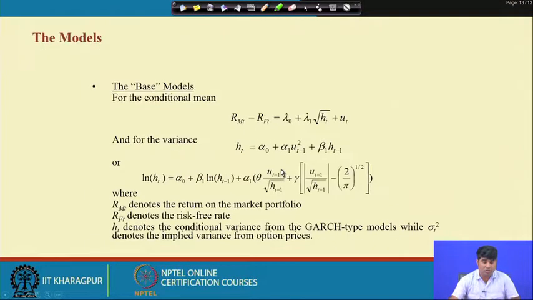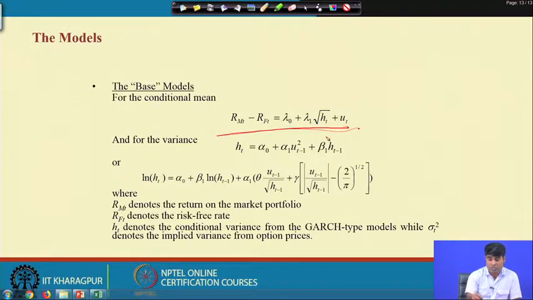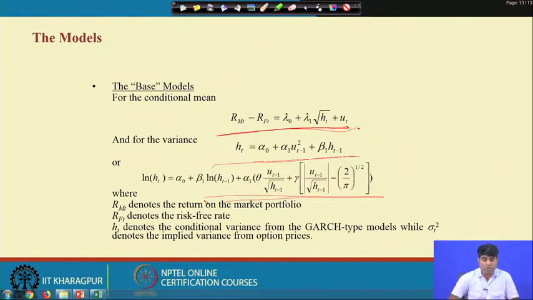It explicitly depends upon data structure, and starting with this data structure, we start with the mean equation and then the variance equation here. So, these base models will be like that, the mean equation, then the variance equations, and then their extensions.